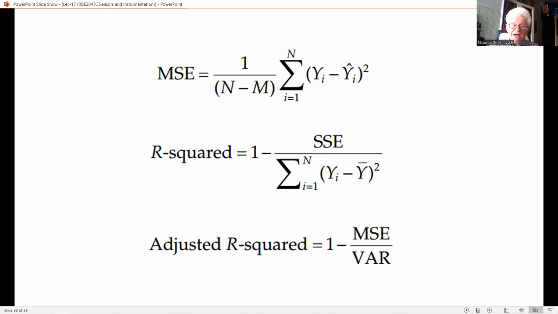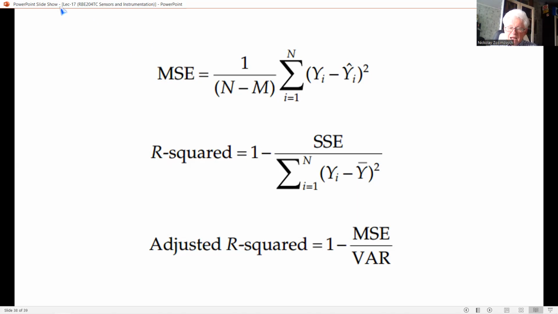Mean square error, MSE, is the adjusted average value of SSE and is given by the equation for MSE. Here m is the number of coefficients of the fitted curve that are estimated through the curve fitting.